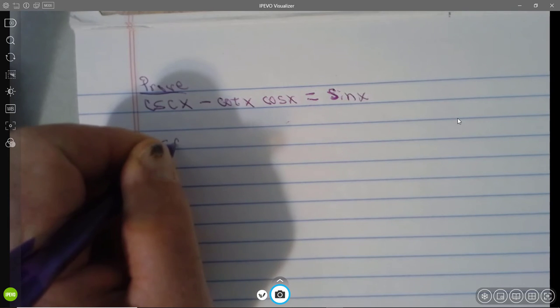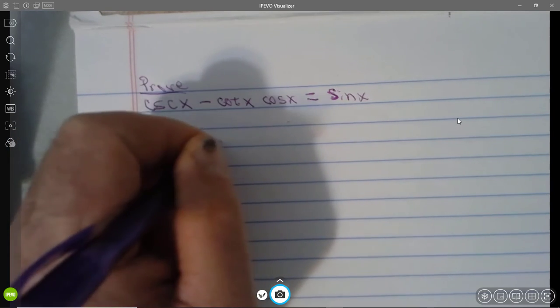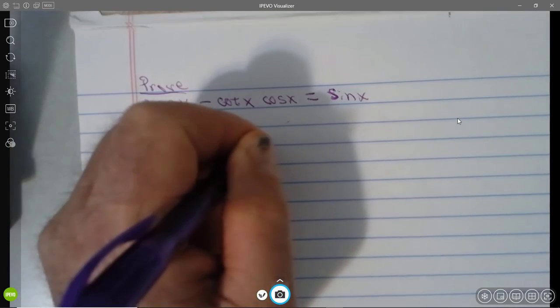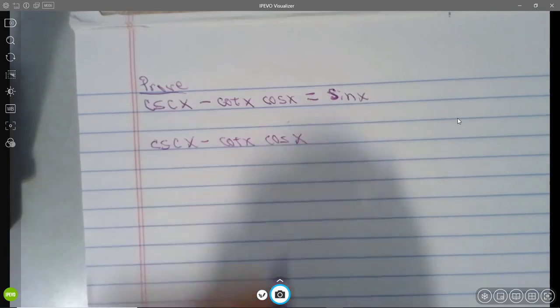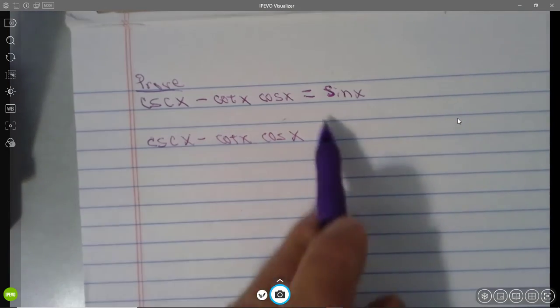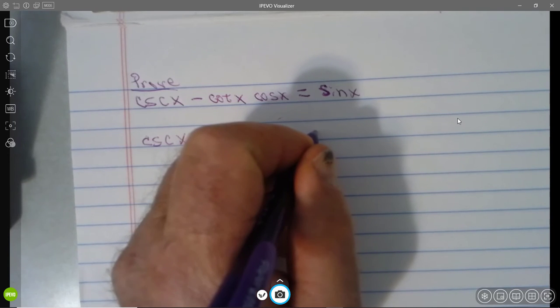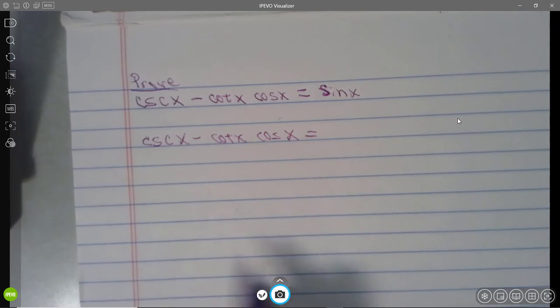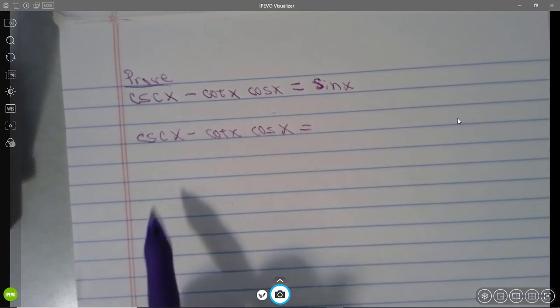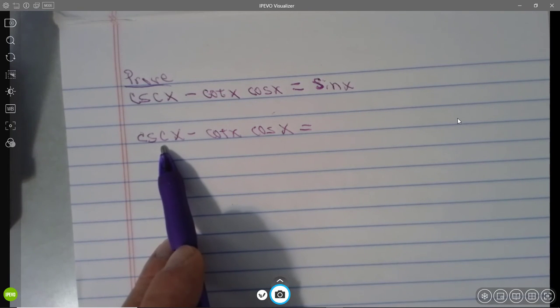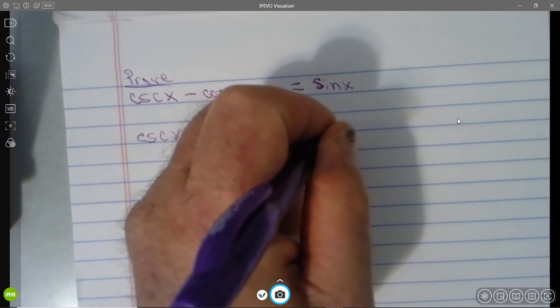So I'm going to start here, cosecant of x minus cotangent of x, cosine of x. And what I'm going to do is actually write a sequence of equalities, and I'll try to make the steps small enough so that I can give an individual reason for each one. All right, cosecant of x, that is 1 over the sine.